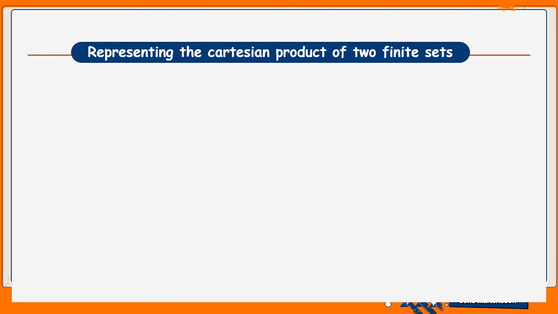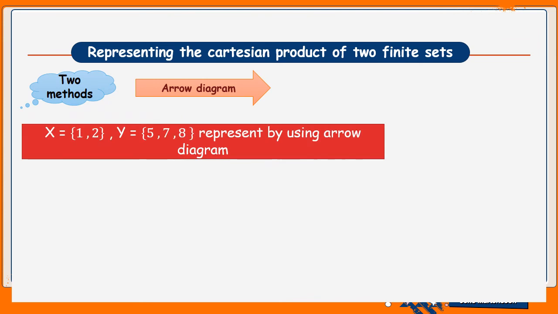Representing the Cartesian product of 2 finite sets. We have 2 methods to represent the Cartesian product. The first method is the arrow diagram. For this example, we represent the set {1, 2} with the set {5, 7, 8} using an arrow diagram.